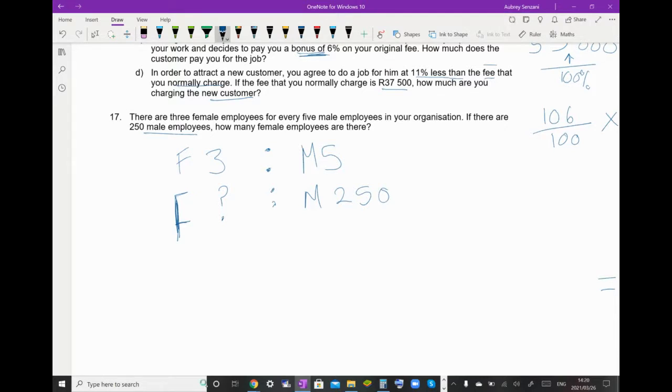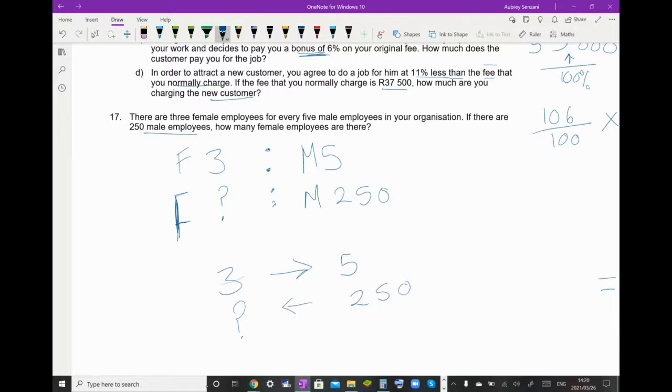So we ask ourselves, if 3 is equal to 5, then what is 250 equal to?